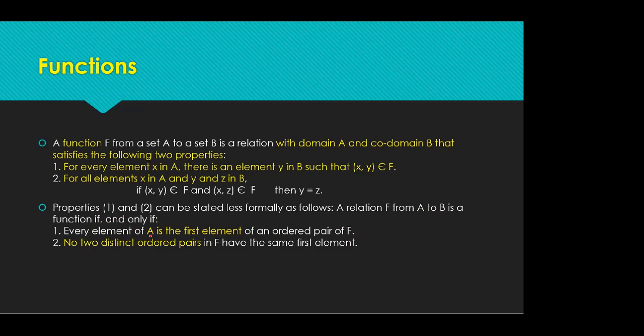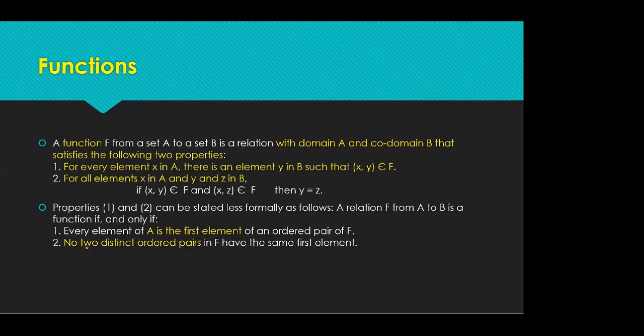So remember this, guys, that for the set A, all the elements should be the first element of the ordered pair. This A is only a representation of the first set. So for every element of the first set, all the elements are the first element of the ordered pair of the F for it to be a function.